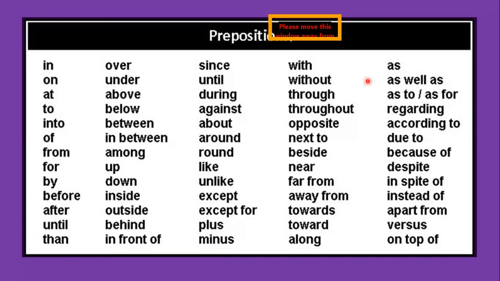So again, these are actually very typical ones. We don't use them very generally. Basically, these are two or three prepositions together, and we are actually not using them right now. So you need not worry for them. But it's good that you ask. So as to and as for is basically used for a comparison or a contrast.